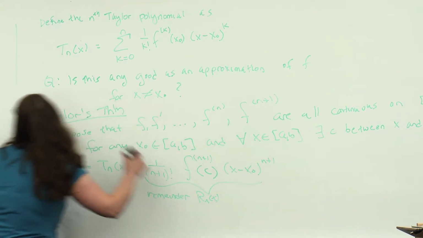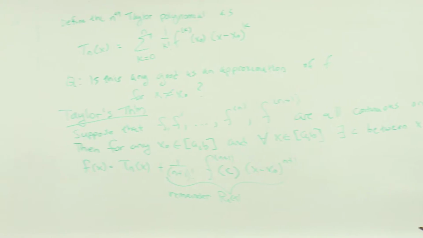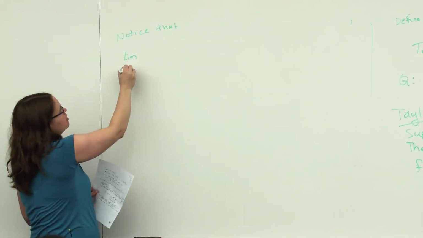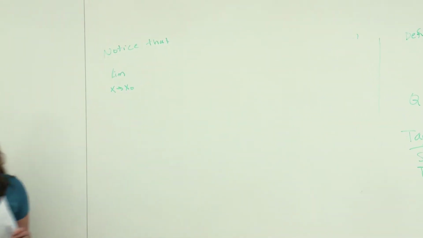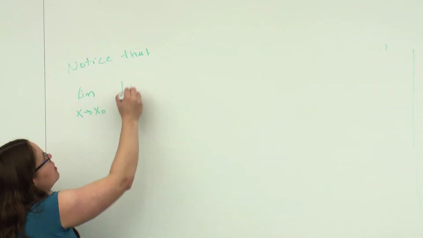All right, so we can write that down explicitly. So we notice that the limit as x goes to x naught, so as we get close to x naught, that's where we expect this to work well, of our error term.